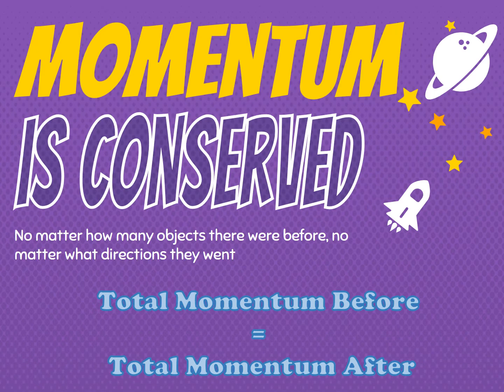Momentum is conserved. It's one of those things in science that doesn't disappear. So remember what conserved means in science. If we have conservation of mass from chemistry, that means even if we take an object and smash it into pieces, we should have the same amount of mass no matter how tiny the pieces get.